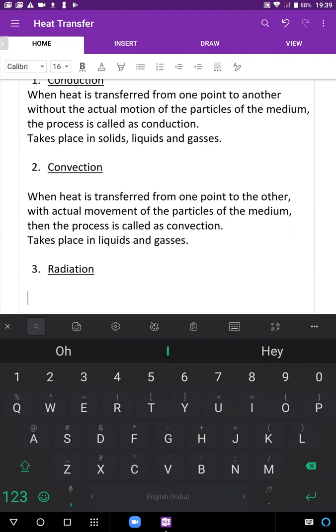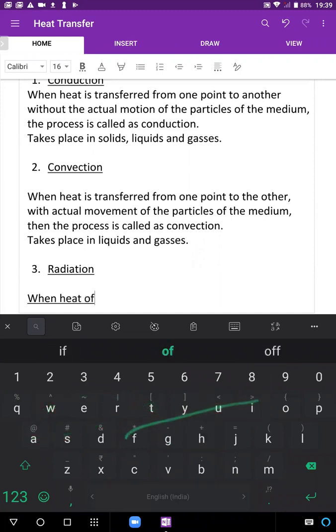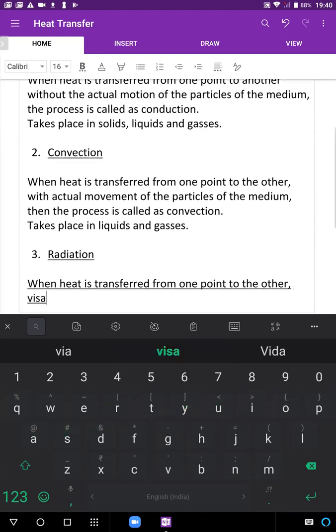Let me write down the definition once, then you can just ask. So for radiation I'm writing: when heat is transferred from one point to the other via an electromagnetic wave.